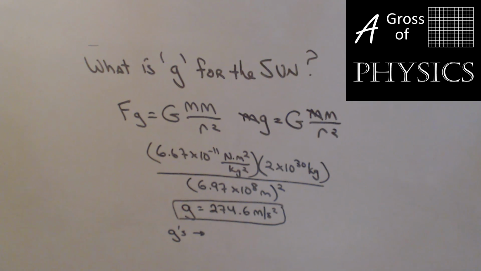Now in this case, if we're just comparing it to the Earth, 274.6 divided by 9.8, it's actually 28 g's. So you would be about 28 times larger in terms of your weight on the sun. Of course, you'd burn up and die, but you would be 28 times heavier right before you do. Pretty impressive. Sun's quite large.